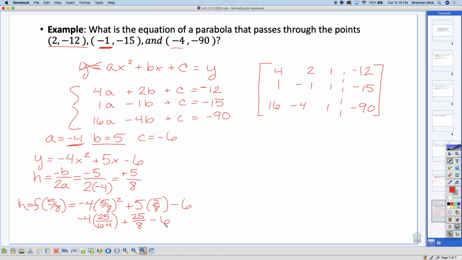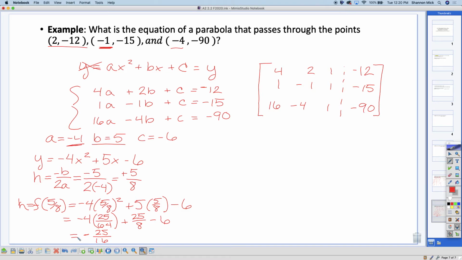Now, I can reduce 4 into 64. How many times does 4 go into 64? 16 times. So 4 goes in there 16, yes? So my common denominator I need is 16.